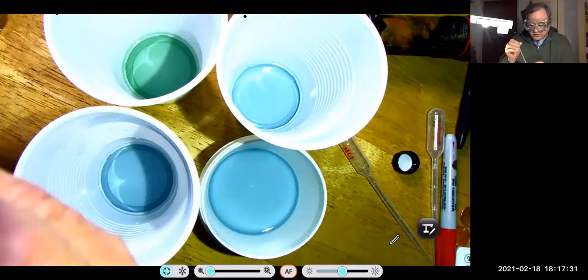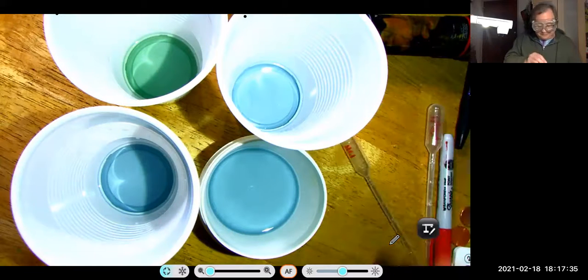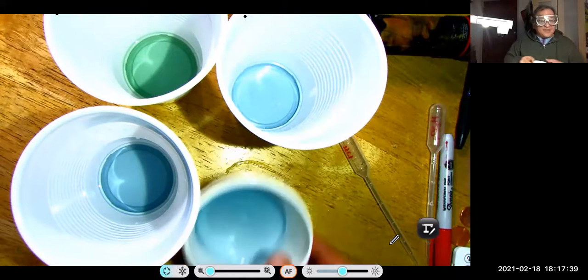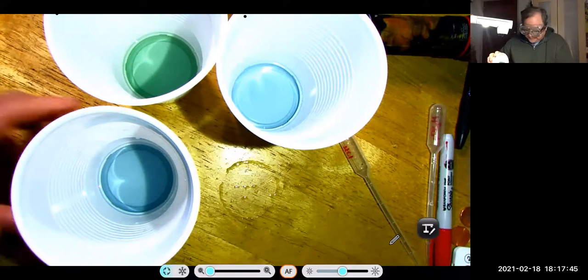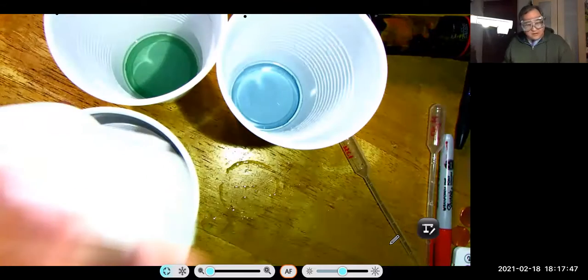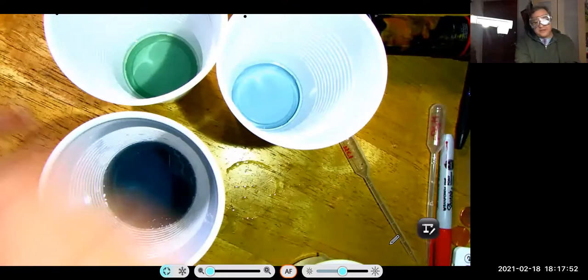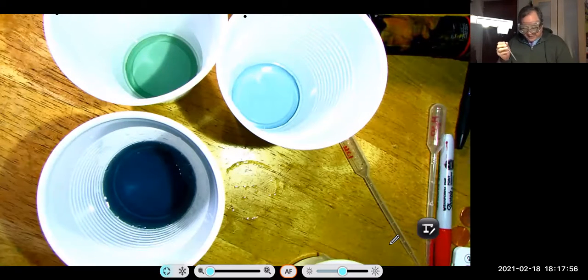Okay. So now I'm going to show you how to screw this up. Because we all want to know how to make a mistake, right? And so that you can avoid it. So in this container, I have quite a bit more solution than in this container. And what I'm going to do is add the sodium hydroxide to this container dropwise.